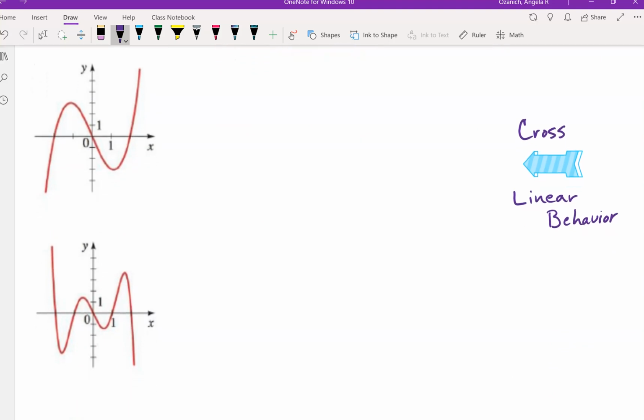Here is an example of a polynomial function that has an odd degree. I can tell it is going to be an odd degree polynomial function for a couple of reasons. One, I see across, across, and across right here on my x-axis, giving me 3 zeros, which helps us to build an odd degree polynomial function, probably a cubic.